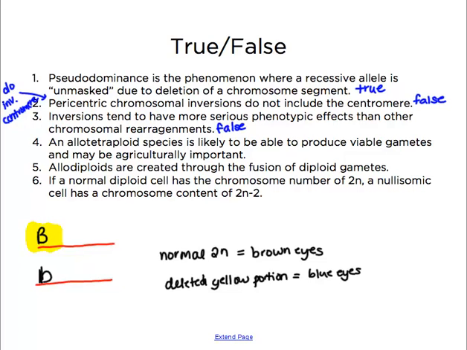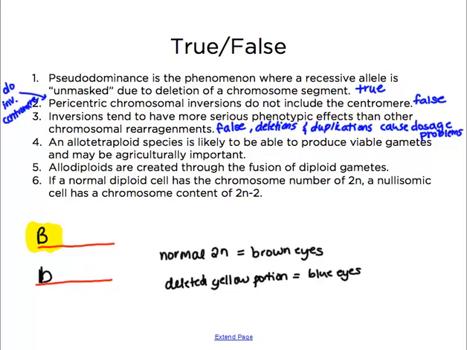So let me just write that. Deletions and duplications can cause dosage problems. Okay, and that can lead to a more serious phenotypic effect than inversion.